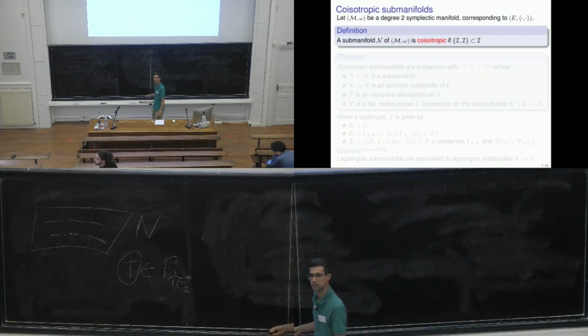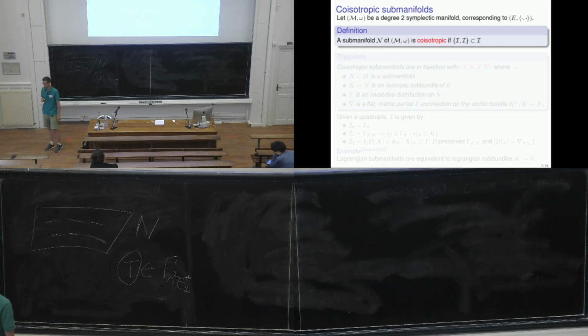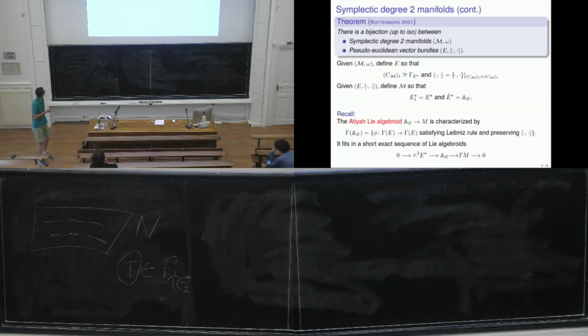Should we think of that as a sort of Weinstein-Darboux theorem? Or what was the role of the closure of the symplectic form in this? You're asking where the symplectic form is used? Let me think one second, sorry. That comes in the direction from the one that I wrote at the bottom of the slide, from pseudo-Euclidean vector bundle to symplectic degree 2 manifolds.